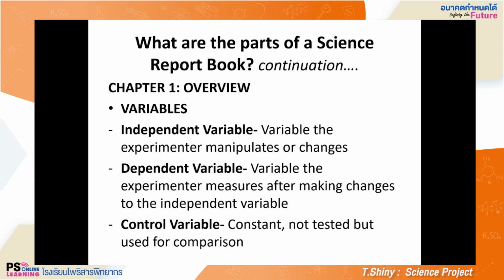What about the dependent variable? Well, the dependent variable is the variable the experimenter measures after making changes to the independent variable. Now, these variables are used by scientists to figure out how the natural world works.